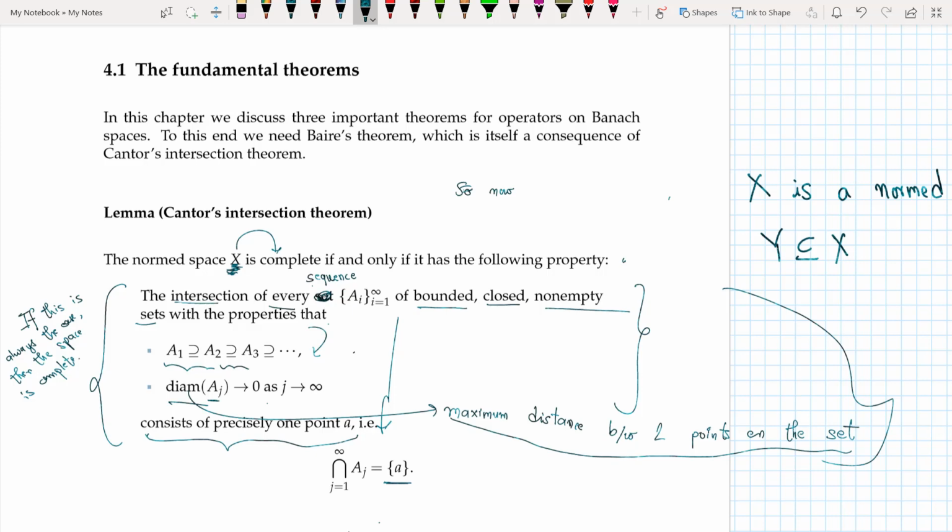So if I take the intersection of every bounded, closed, non-empty set which satisfies this property, and that intersection consists of precisely one point A, then I say that my space is complete. So that was Cantor's intersection theorem. Again, a 30-second summary: the intersection of bounded, closed, non-empty sets which satisfy this property consists of precisely one point. If this is the case, then X is complete, and if X is complete, then this holds true.